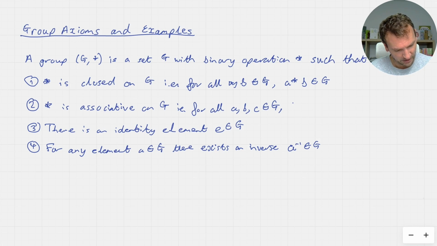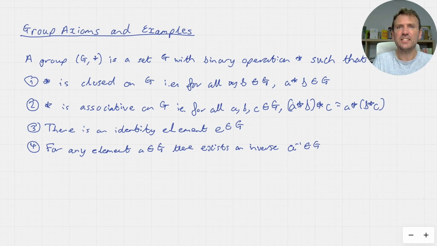If we do A star B in brackets and then star C, that should give us the same answer as if we do A star, B star C.